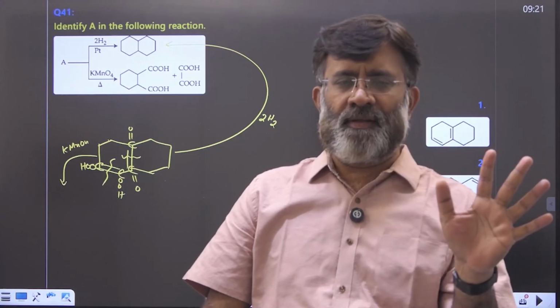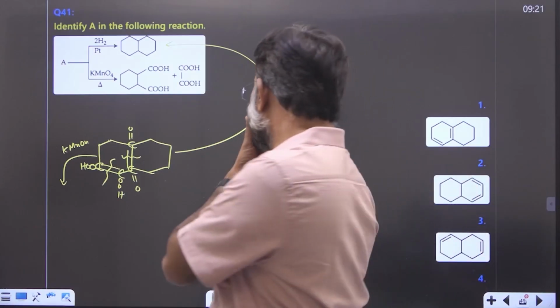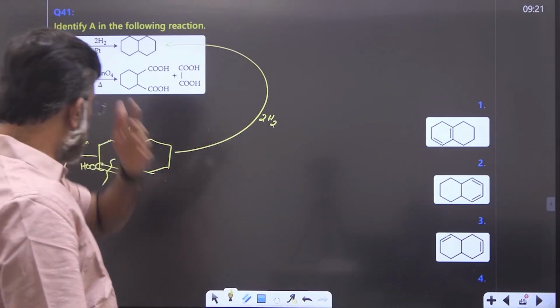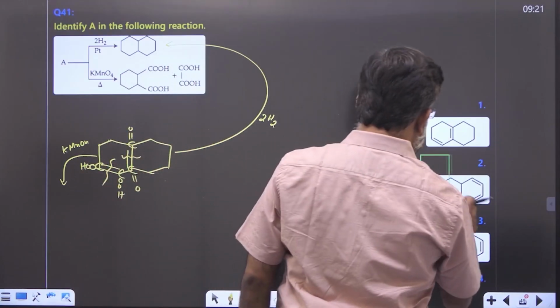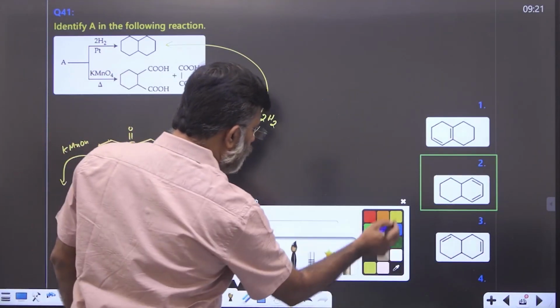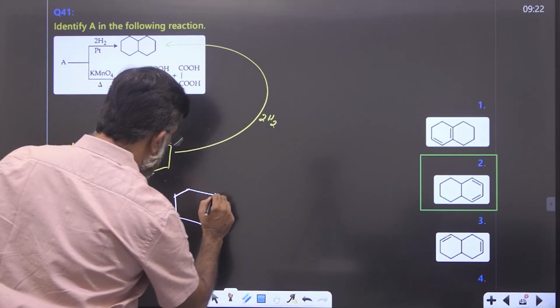That is fit. The second reaction actually decides our answer. What about option 2? Option 2 is the correct answer. Just have a look. Suppose if you take option 2, you see the molecule given. This is the molecule given.